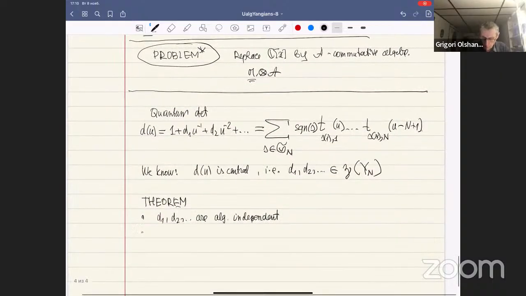And second, a little bit more difficult claim is that they generate the whole center.